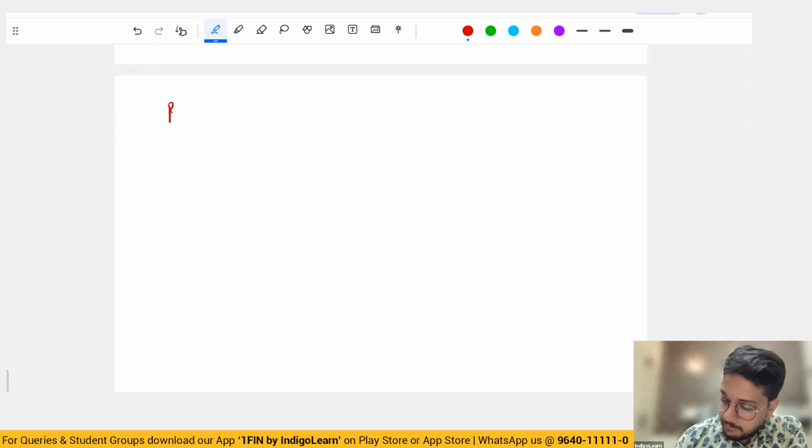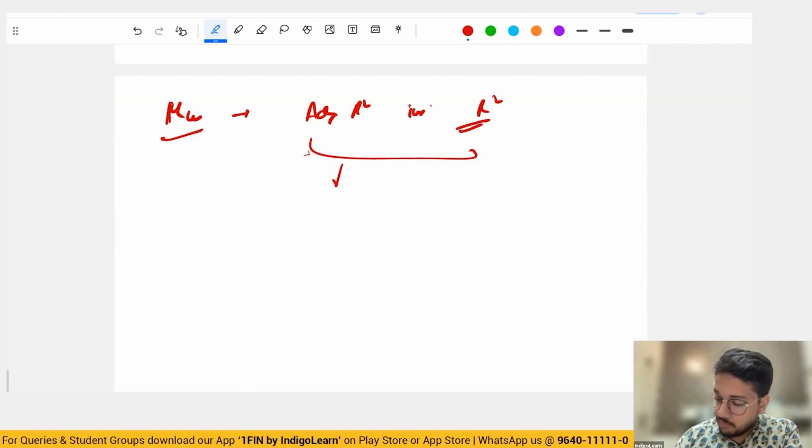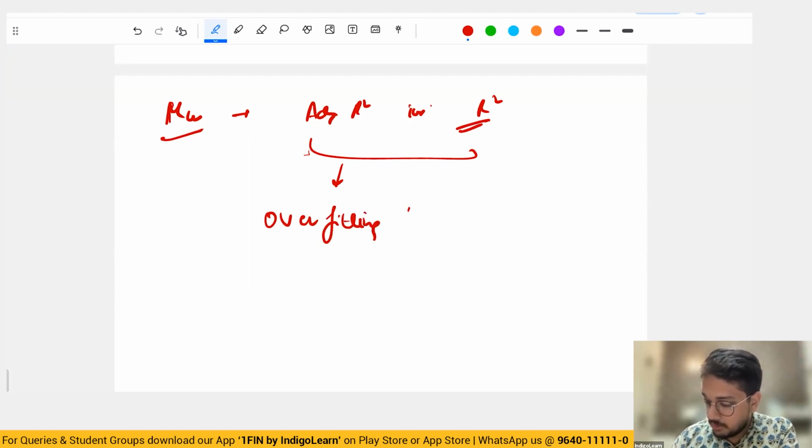In the case of multiple regression, we use adjusted R square instead of R square. And why do we do that? Because we want to avoid a situation which is called overfitting the model.